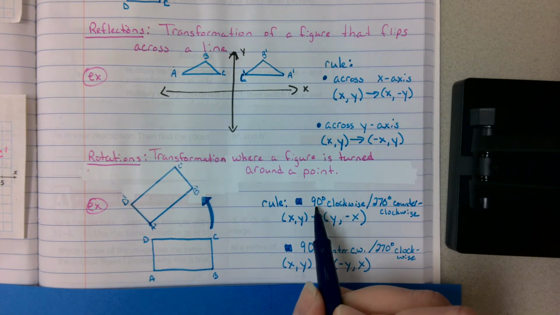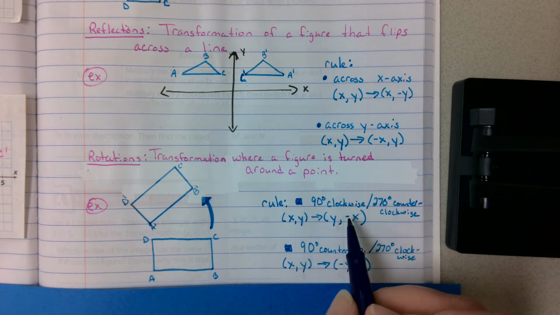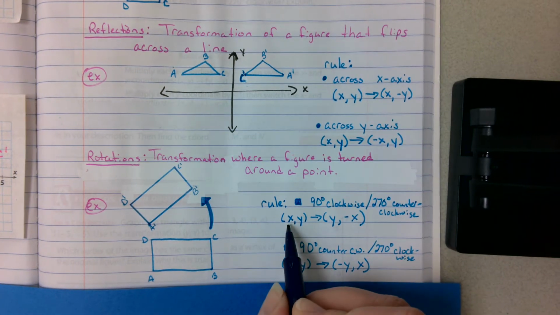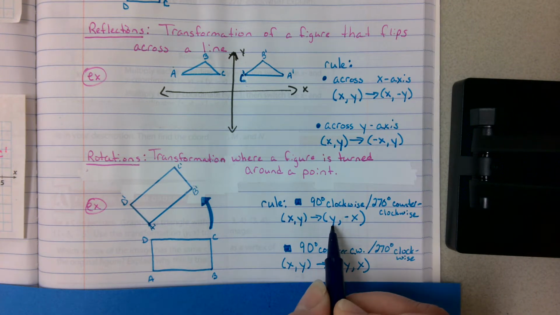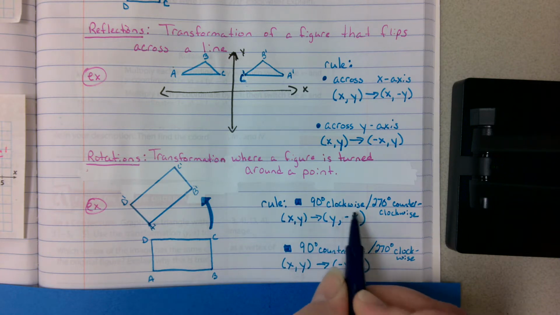All right, 90-degree clockwise and 270 degrees counterclockwise, which I told you when we did these notes, you're going to end up in the same place, so they're going to follow the same rule. Your x value becomes your old y value, and your y value becomes the negative x value.